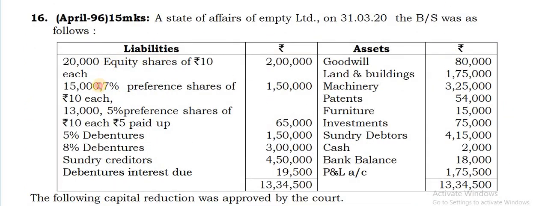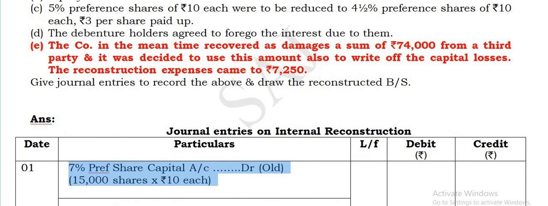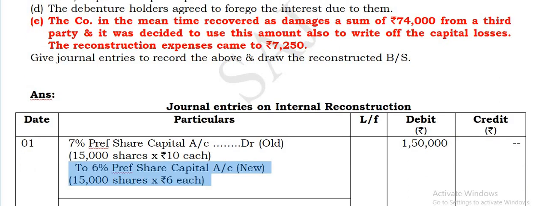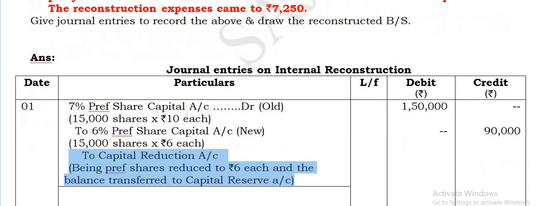So take up this 7% preference shares, 1,50,000 is there, so that you can take in the debit column. Give a credit to again 6% preference shares. So the new preference shares, it is being reduced to 6 rupees each. So that gives you 90,000. Still the balance is transferred to capital reduction account.